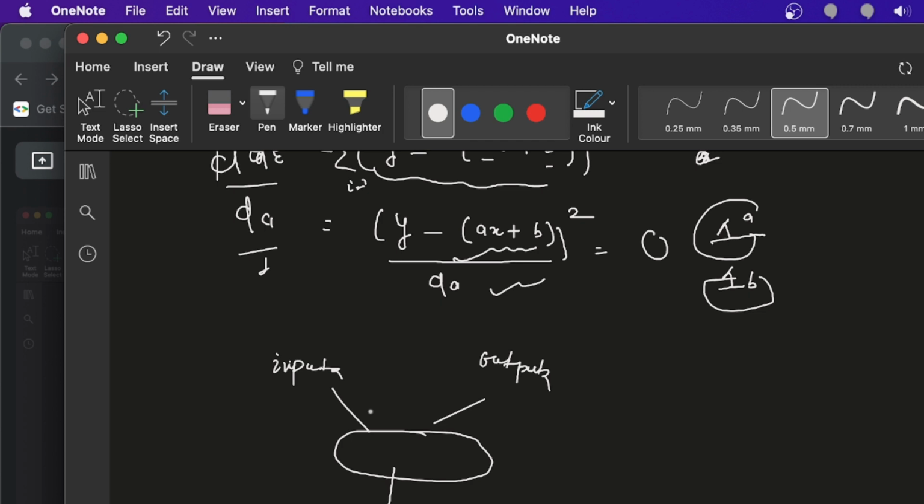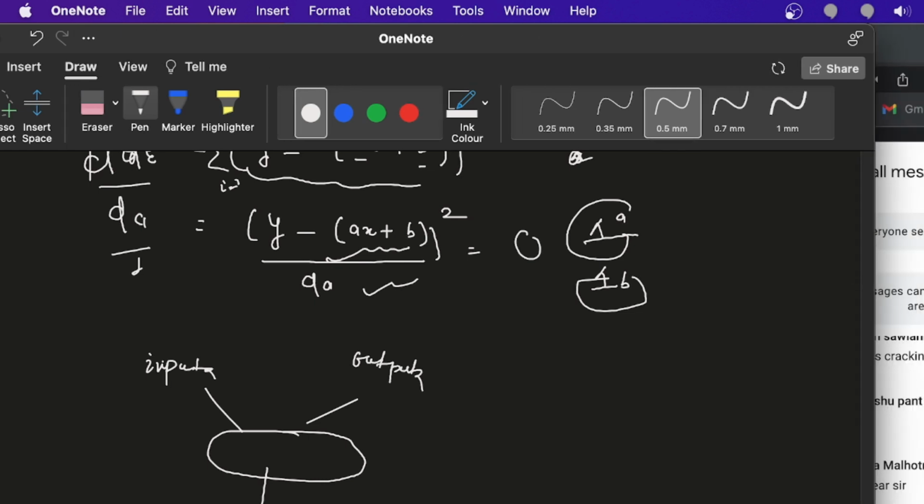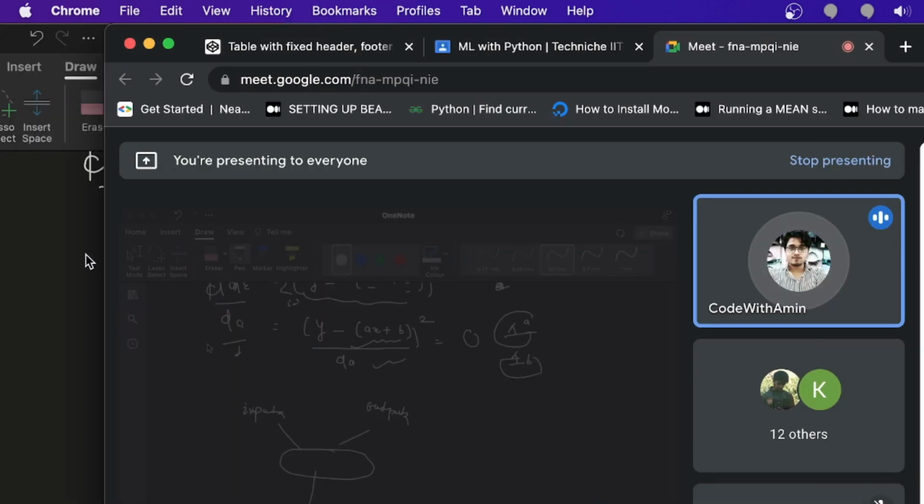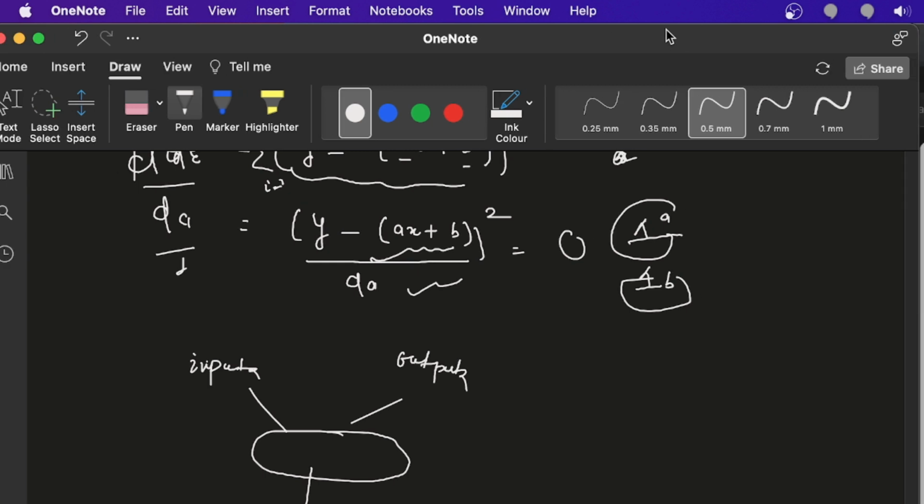Every time I tell you that you have to decide the model, maybe you are confused about how we select the model. If this is the confusion, please let me know, I will explain it briefly. Why am I choosing only y equals ax plus b, not another equation? Does this question arise in your mind?